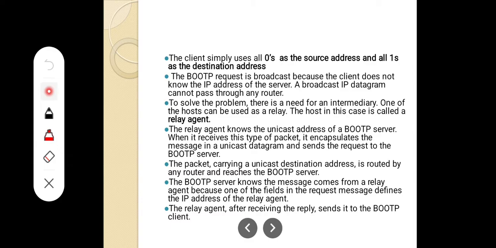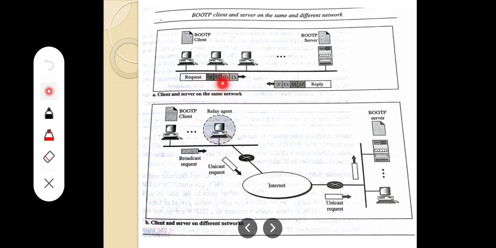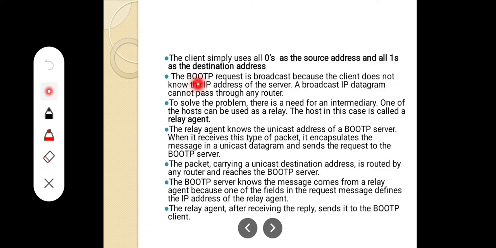That is what is written here. The client simply uses all zeros as the source address and all ones as the destination address. Why? Because it does not know the source address and the destination address. So it will make the source address 0 and the destination address 1. The Bootp request is broadcast because the client does not know the IP address of the server.